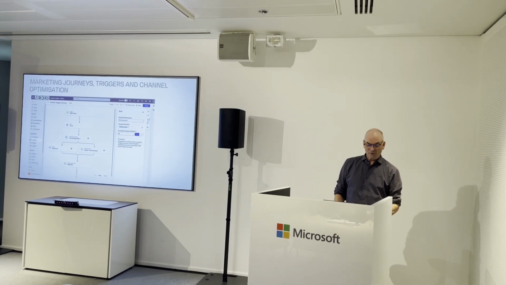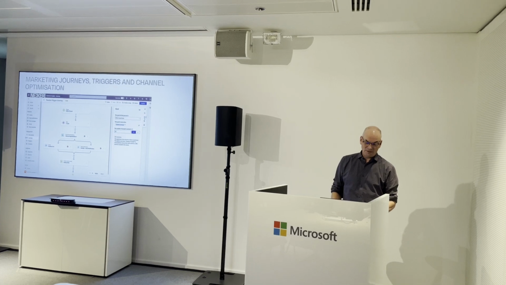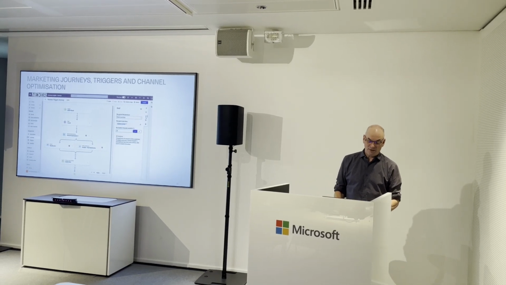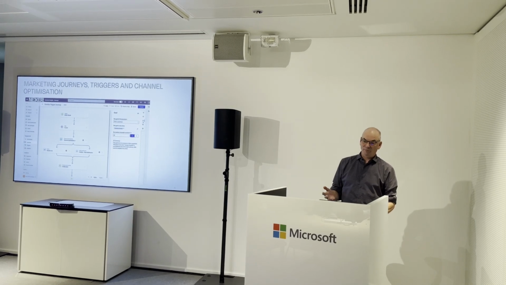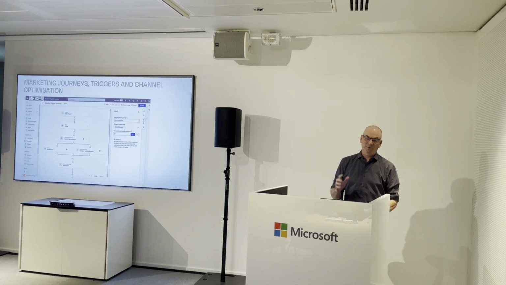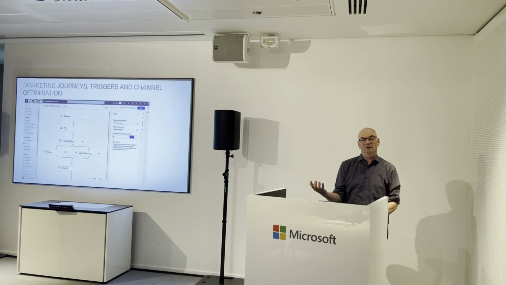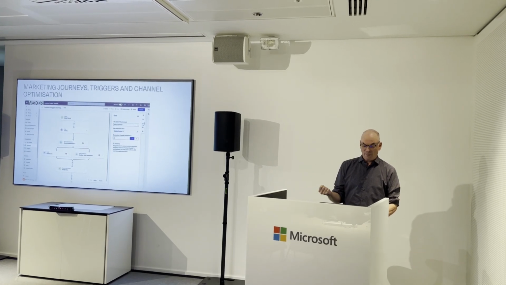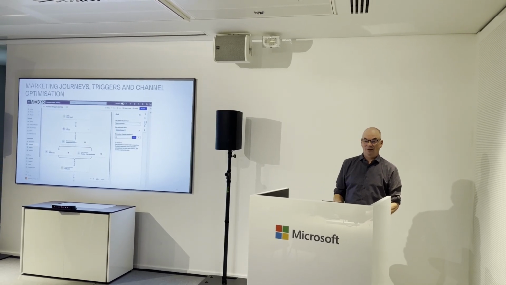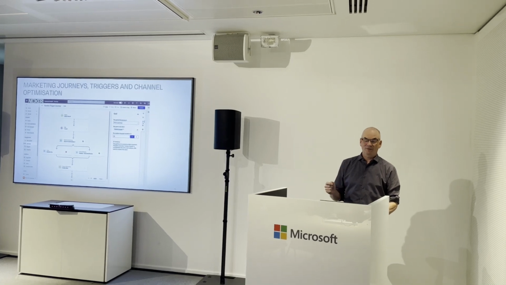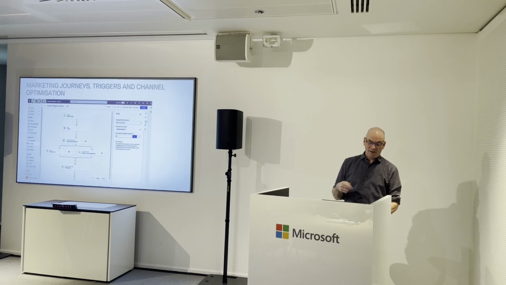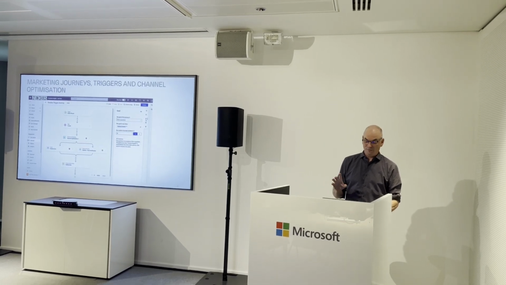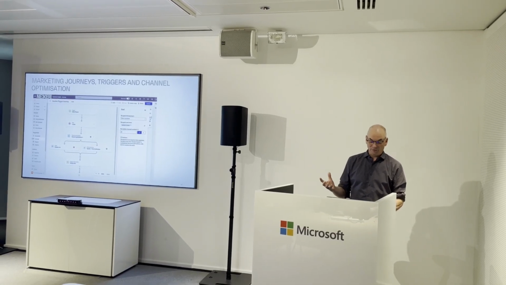We also have triggers now. On a marketing journey, traditionally you would have a segment. You'll say, this contact falls within this kind of segment, therefore they're included in this campaign. But with trigger-based marketing, you say, if they respond to this email, if they click on this link, if they open a form, then we can dynamically change the way the marketing journey is going to happen.